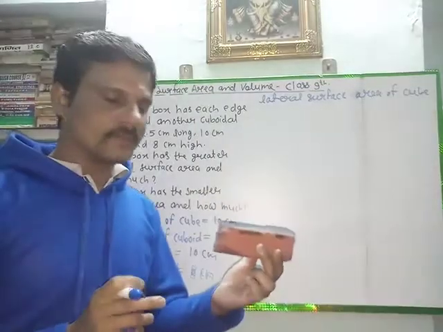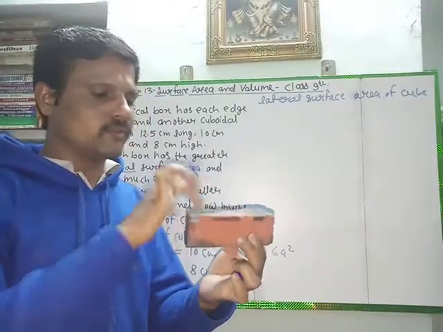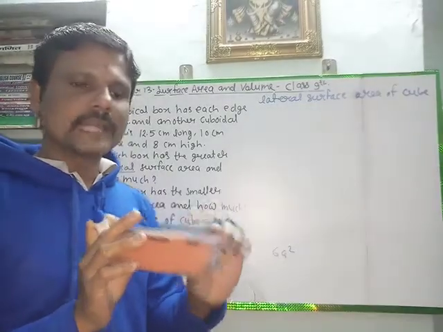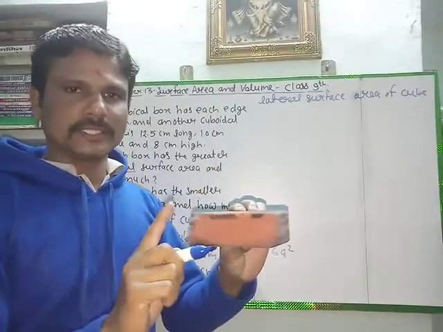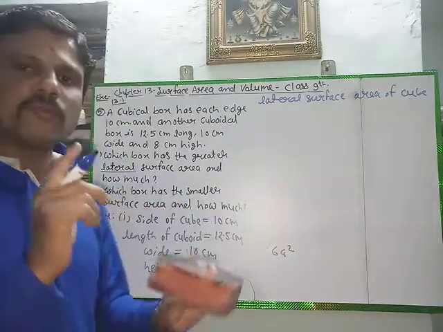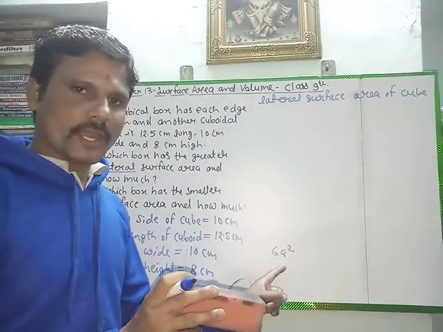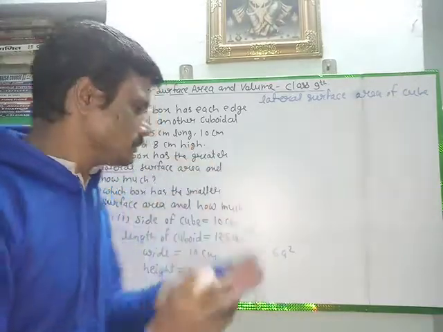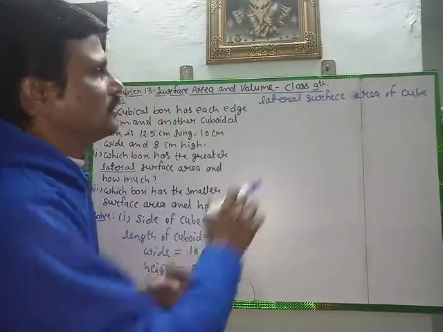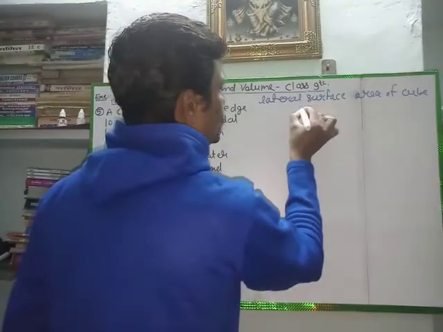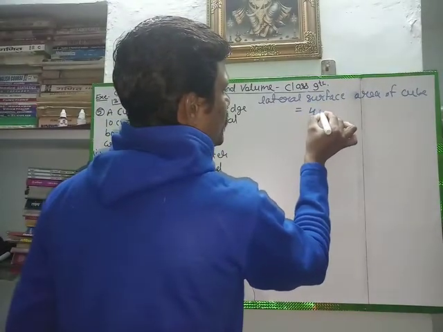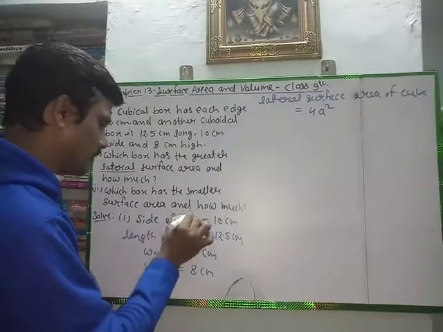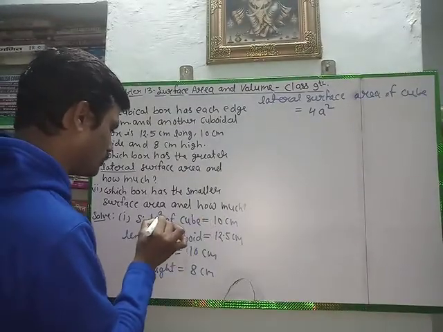Suppose this is cube, 1 2 3 4 5 and 6. ठीक है, but we have to calculate the area of surrounding wall only. So this will become 4a square. We will not calculate the area of top and bottom. So the lateral surface area of cube is 4a square. A means side of cube.